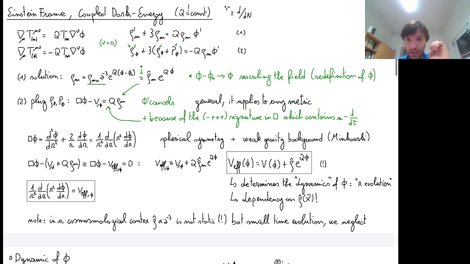Something I'd like to stress is that this potential contains the density, and it tells you that the field is going to behave differently in regions where rho is large with respect to regions where rho is small. Therefore the field is going to behave differently in overdense or low density regions, which is one of the key features that we want to introduce in our theory, to see if we can then pull out a screening mechanism, the one I mentioned.